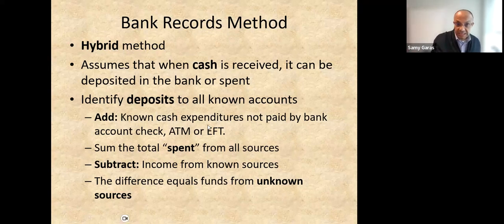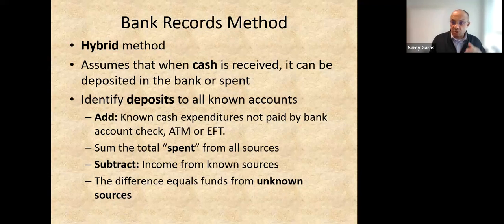And this is what you can see here on the screen. We get the deposit plus cash expenditure not paid by the bank. And this will raise up a question mark from where the person get the cash if it doesn't come out of the bank. So we can check here any cash coming from different sources or different transactions.